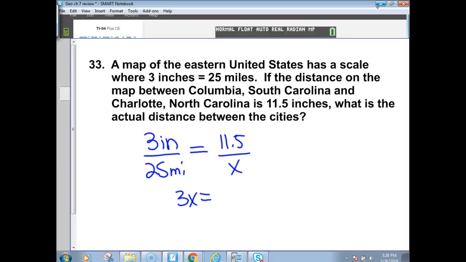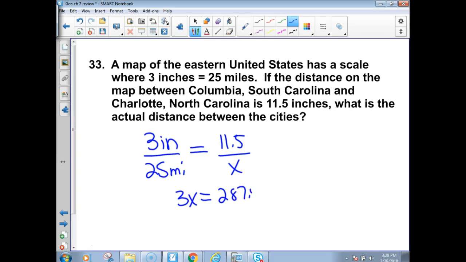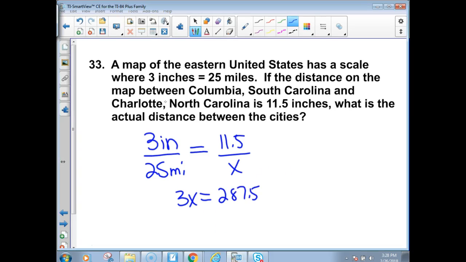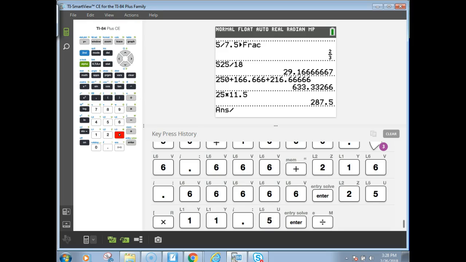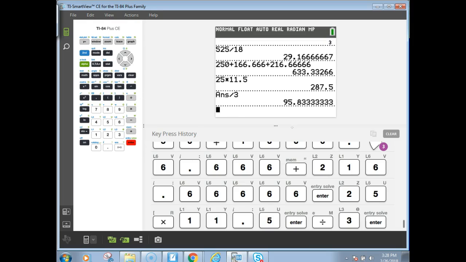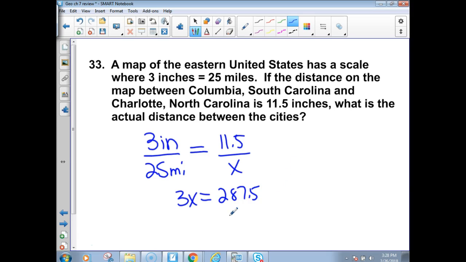Okay, and then we've got to divide that by 3. 95.83 repeating. And that would be in miles.